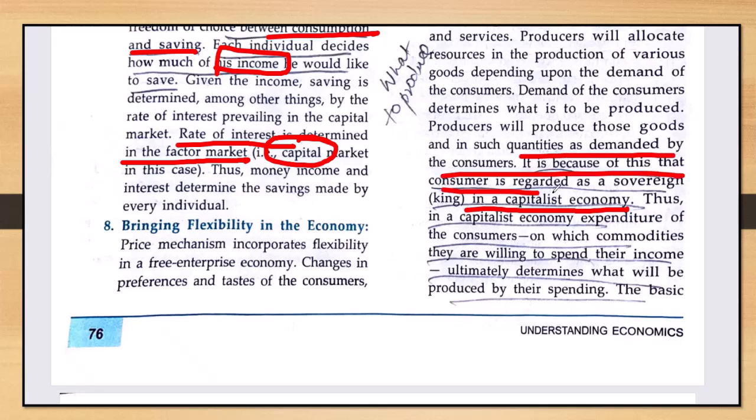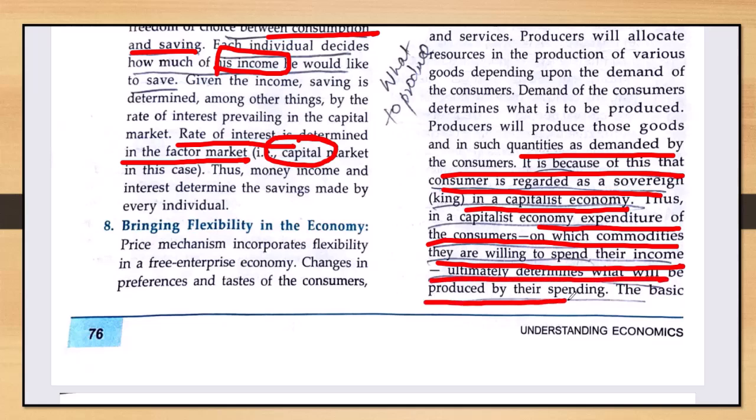According to the demand of the consumer only, the producers start acting because of the competition in the capitalistic market. Thus, in a capitalistic market economy, the expenditure of the consumers on the commodities they are willing to spend their income on ultimately decides what will be produced.